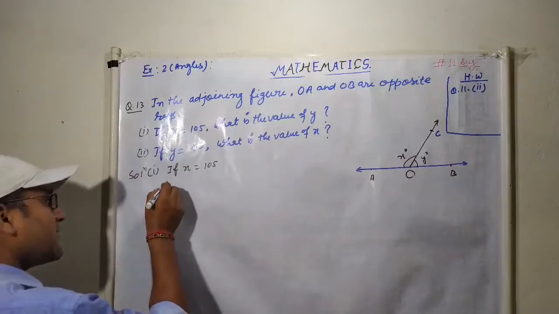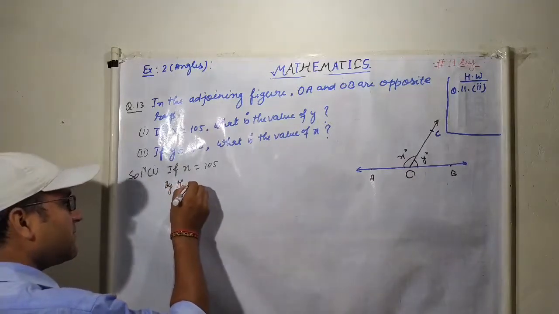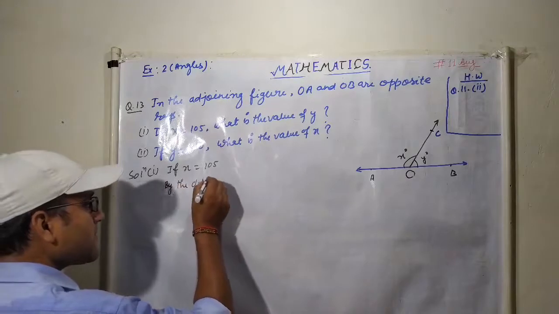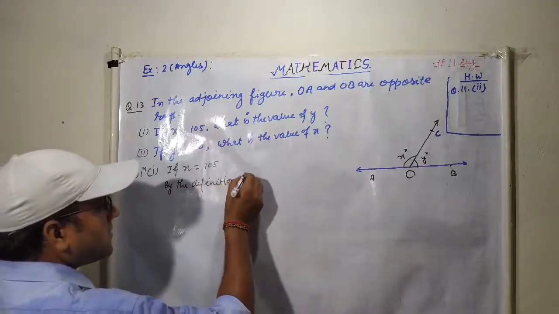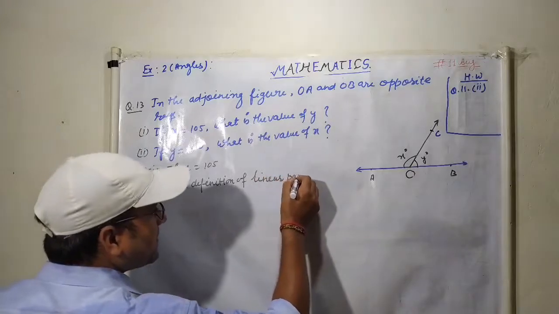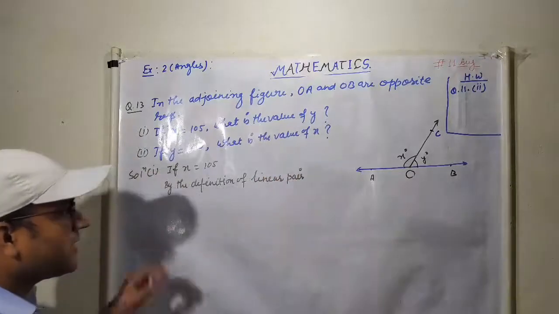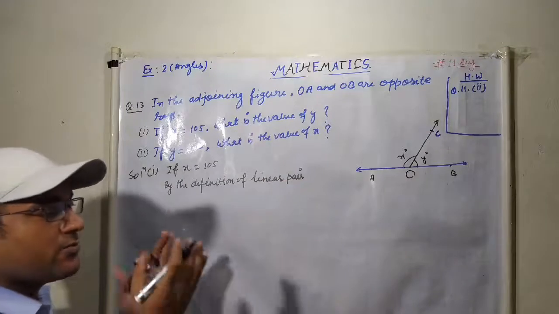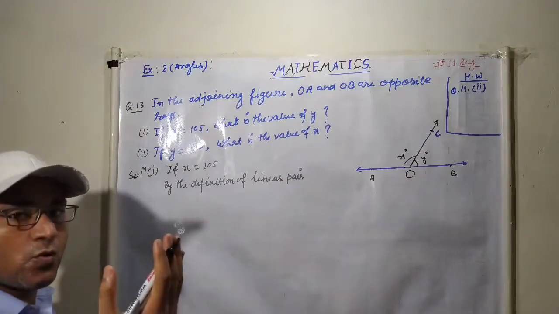By the definition of a linear pair, what is the definition? The sum of two angles on a given line is equal to 180.